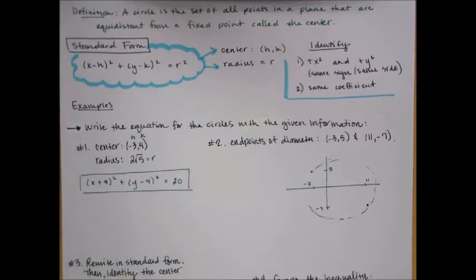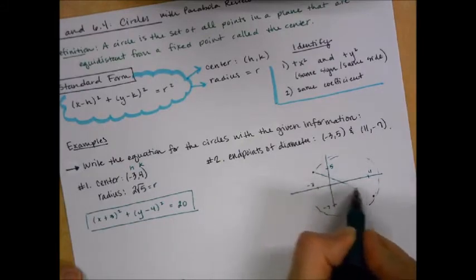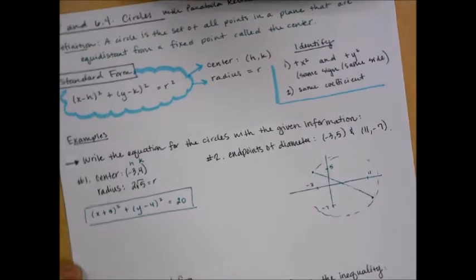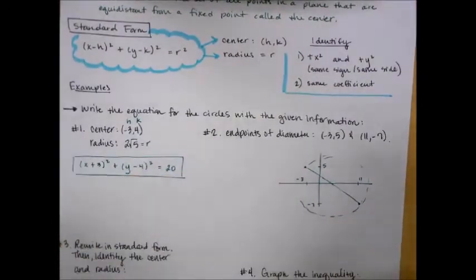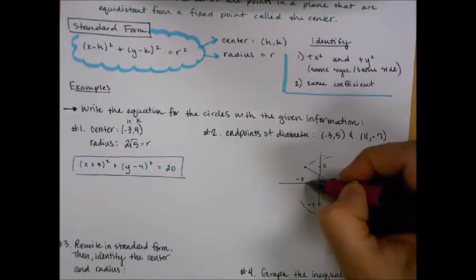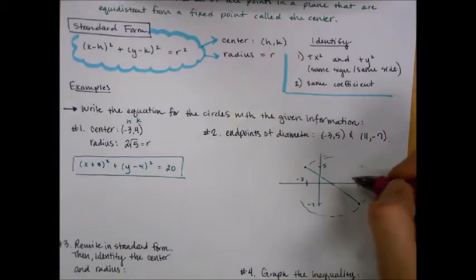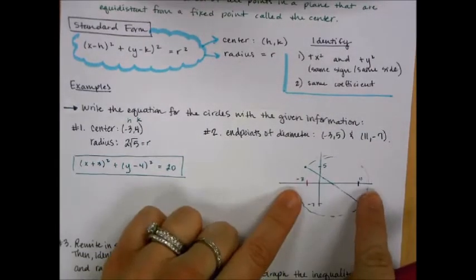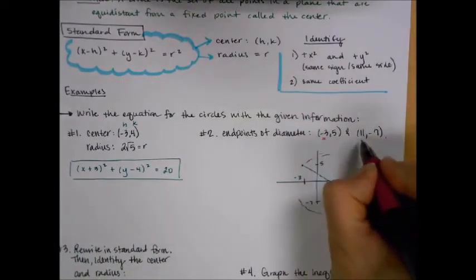So to find the center of my segment here, I'm just looking for a point that's in the middle of their x values. So here I have an x value -3 and an x value of 11. So I'd like to know what's in the middle of -3 and 11. And so all we need to do is average the two values.